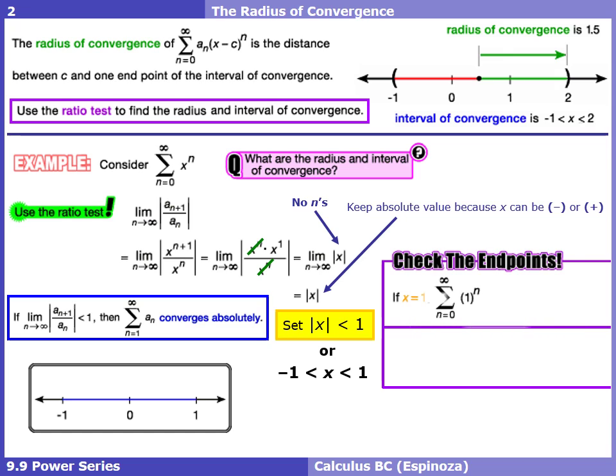So let's go ahead and check the endpoints. Luckily, to do this checking of the endpoints, all you're going to have to do is take the two endpoints of -1 and 1 and plug them back in to your original infinite series to see what happens. And you'll notice when we plug in x equals 1, we'll have 1 to the n power, and of course that would just be 1 plus 1 plus 1 plus 1 to infinity.